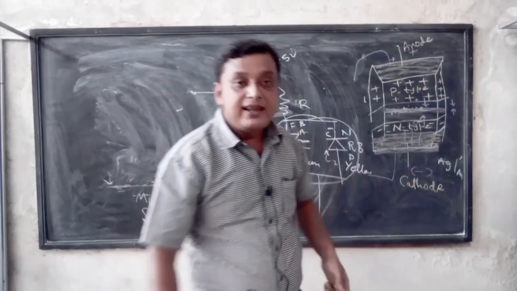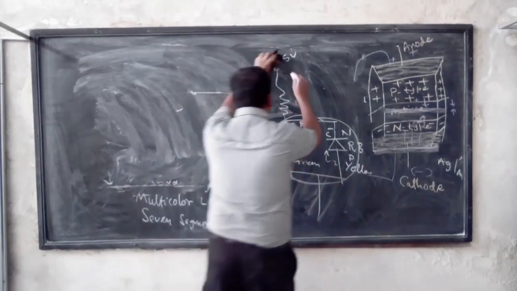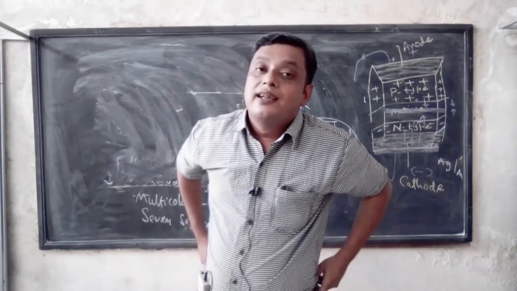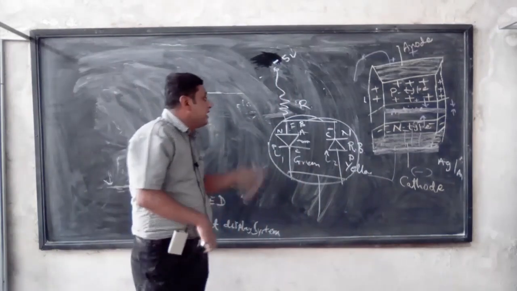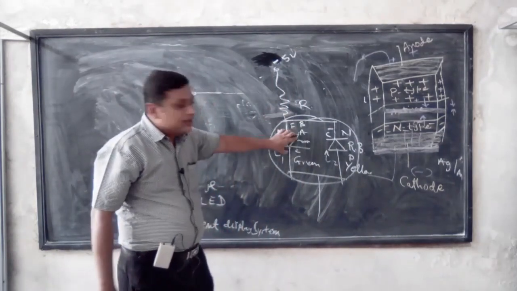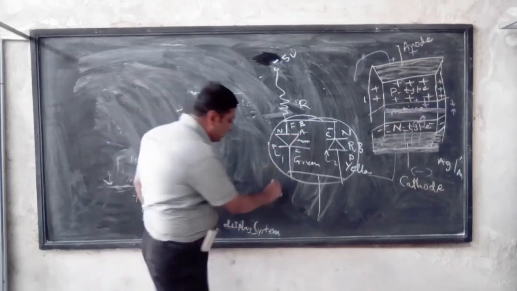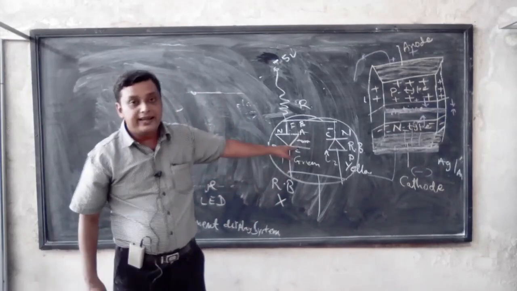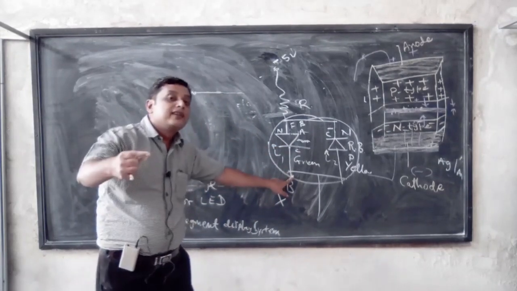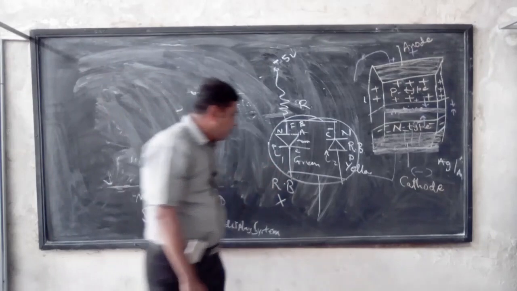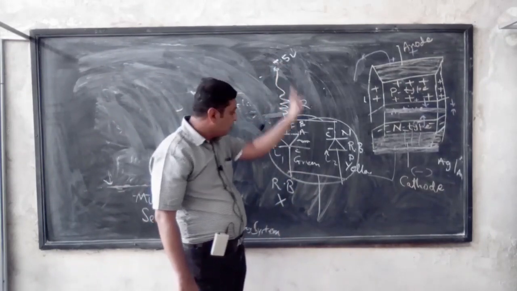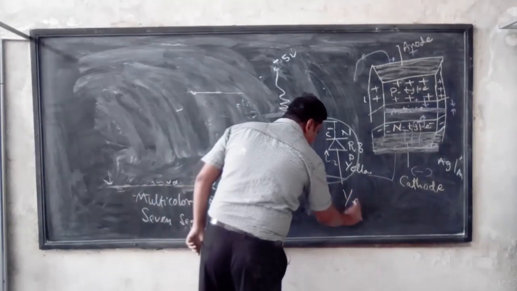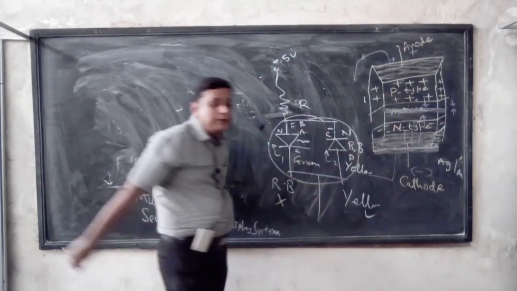If I connect the negative terminal of the battery to this multicolor LED, then what happens? This diode LED 1 will be under the reverse bias and no light will be generated by LED 1. So green light will not pass. The negative terminal is connected with the cathode of LED 2, so yellow light will be generated.